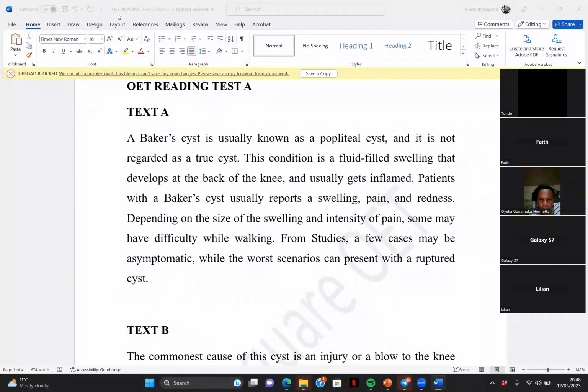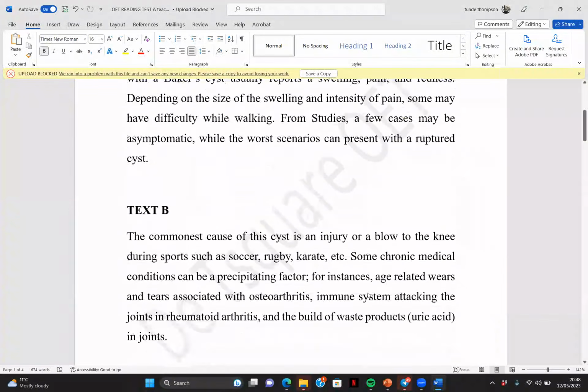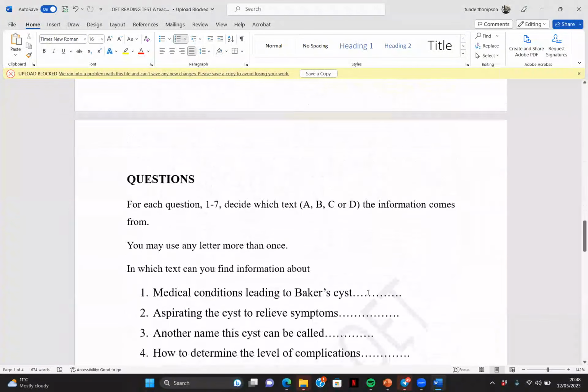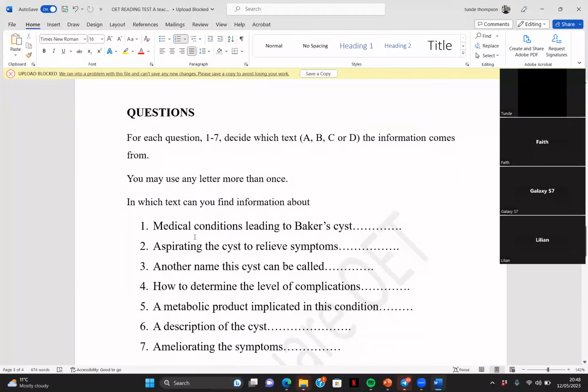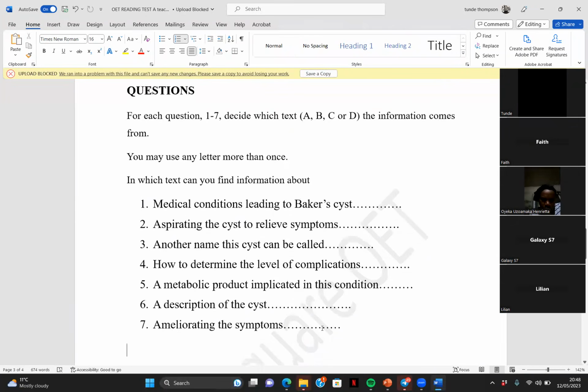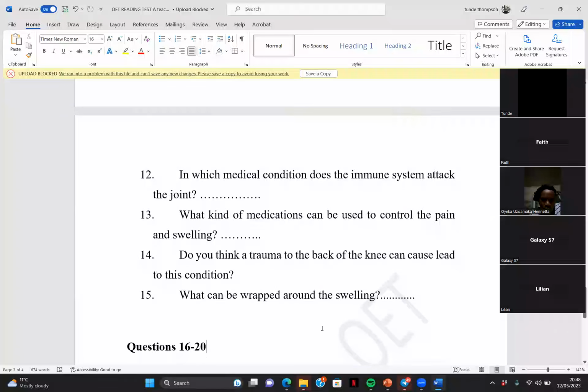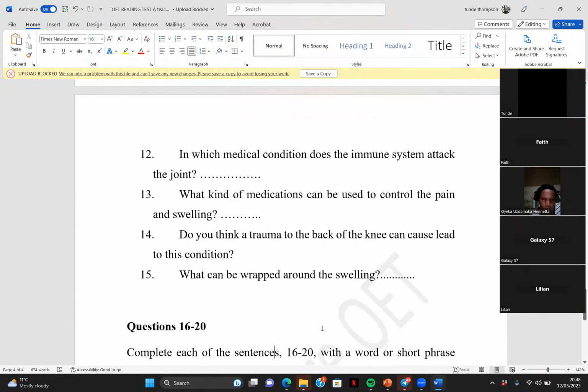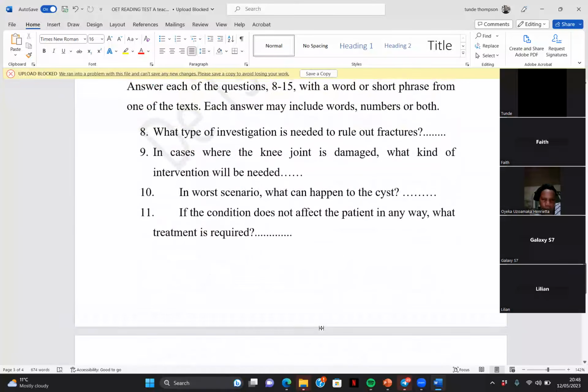All right, I'm getting ruptured. So let's see. In what scenario, what can happen? How can you answer that question? That's okay.